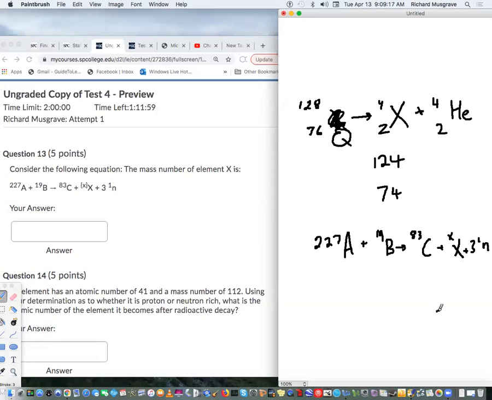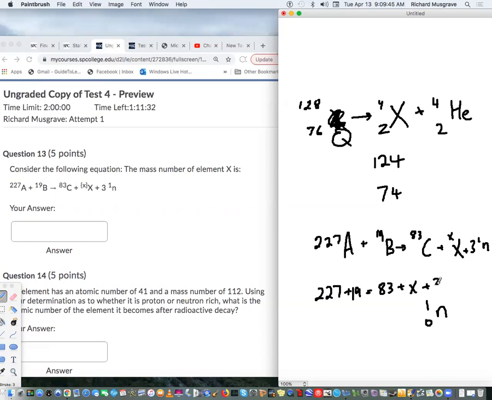Now, a neutron, if we were to include the atomic number, has the symbol N, and it has a charge of 0 because it's neutral, and it has a mass of 1. So that's where that comes into play. To do the math on this, it's this 227 plus 19 equals 83 plus X plus 3.